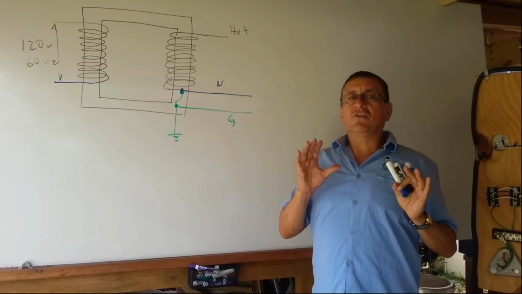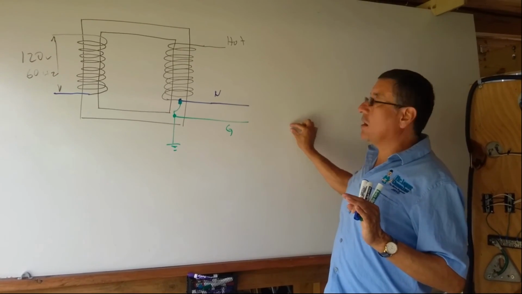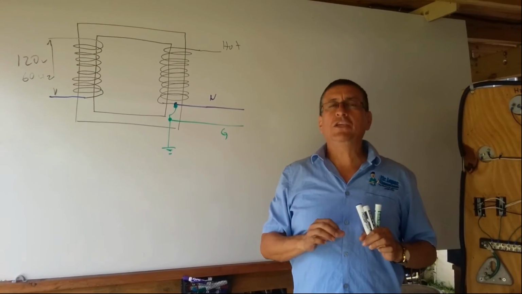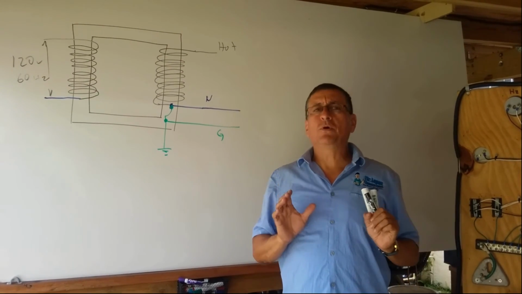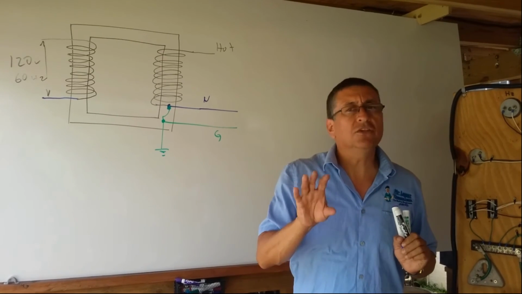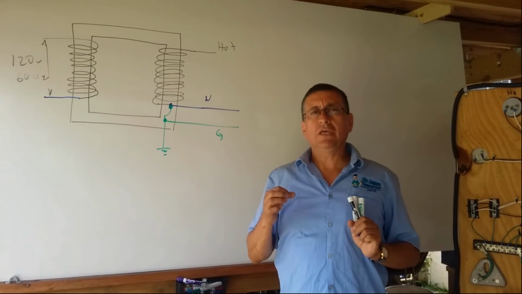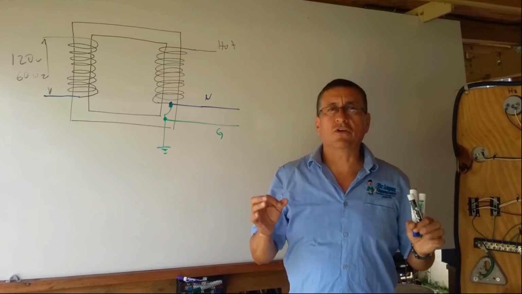Once again, inside of the boat, neutral bus bar and ground bus bar should be separated, and you need to be careful with reverse polarity. Reverse polarity probably in your home is not critical, but in a boat it is critical, it is catastrophic.